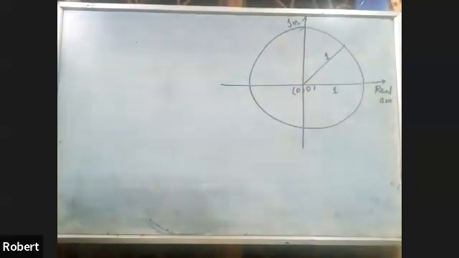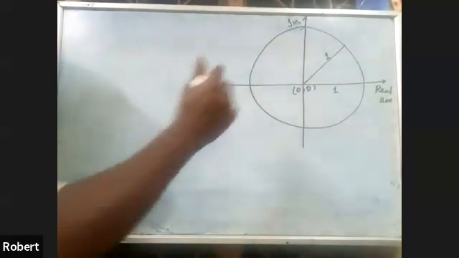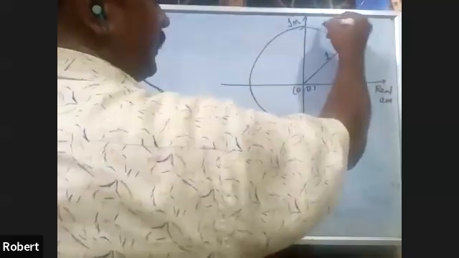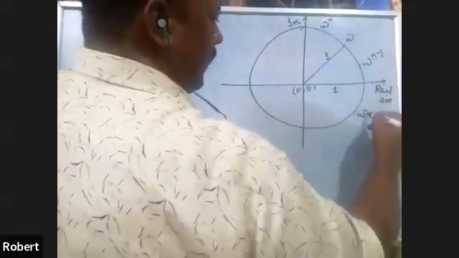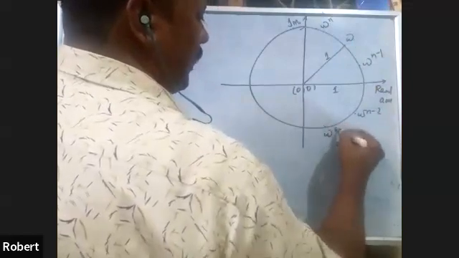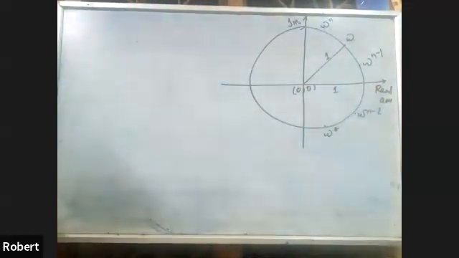Now you can take all the points, imaginary set இல்லையா? எந்த ஒரு பாயிண்ட் எடுத்தாலும் it should be on the circle, இதுல தான் இருக்கும். Omega power n, omega power n minus 1, omega power anything, omega power 8, everywhere should be in the form of omega power m, omega power n.